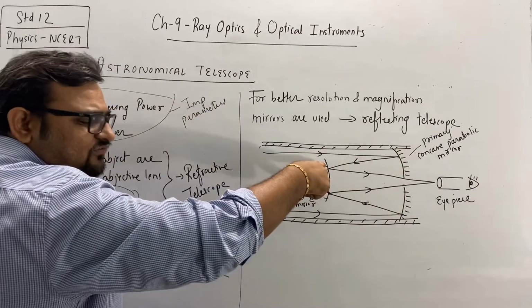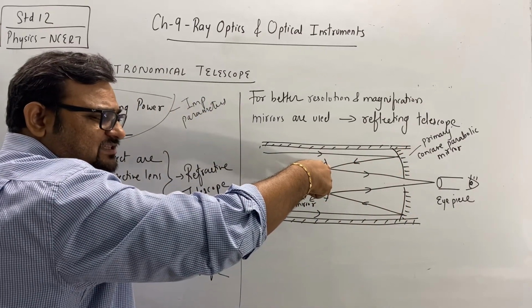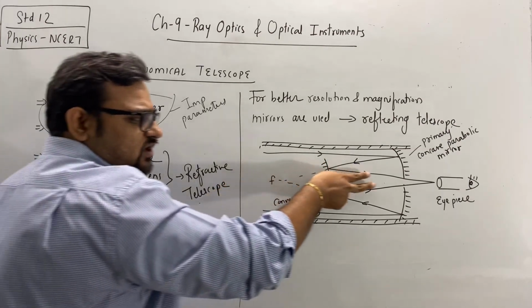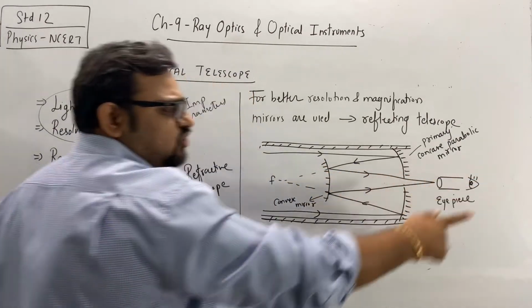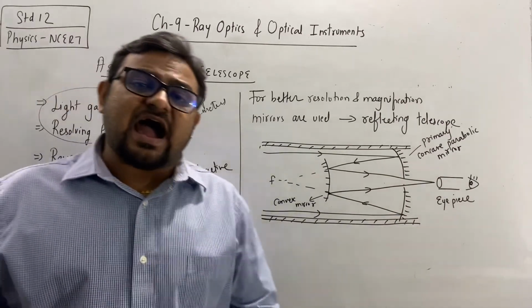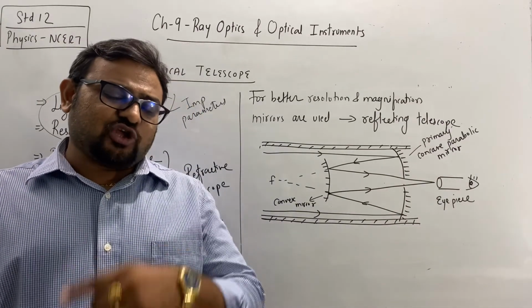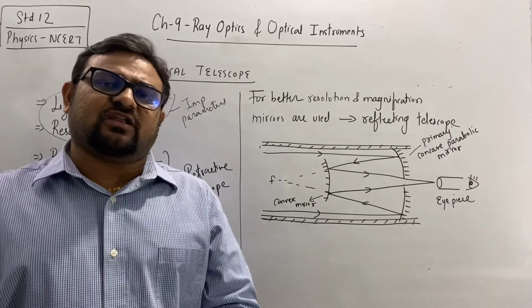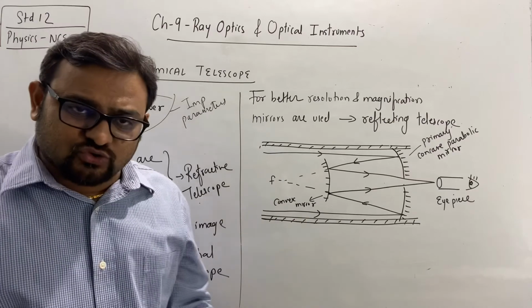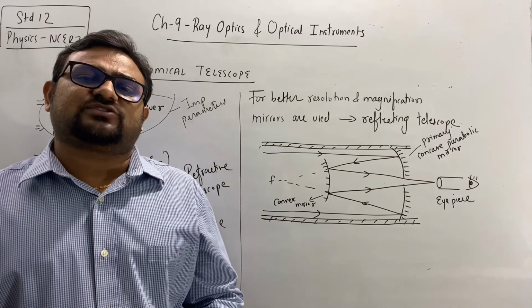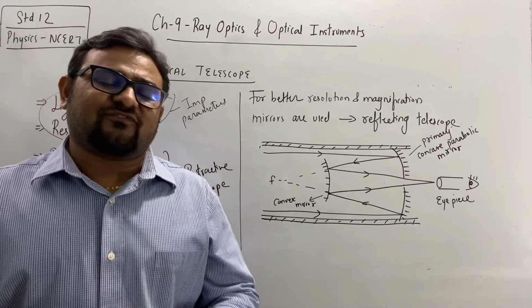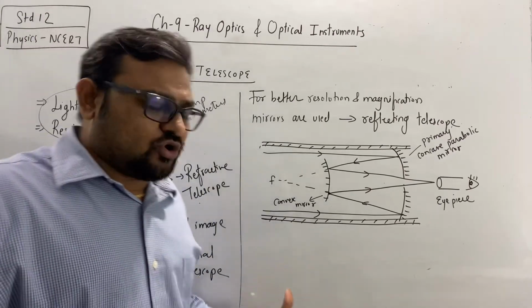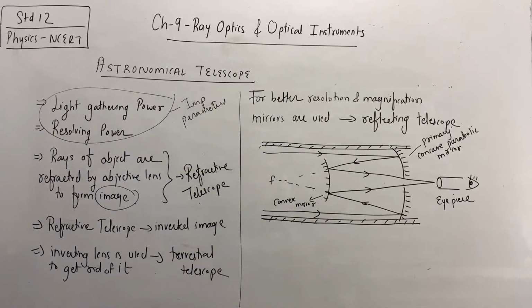Then again it is incident on the convex mirror, and here is the focal length. It is reflected again, and this is observed in the eyepiece. So to improve the resolution and magnification, mirrors can be used, and such a telescope is called a reflecting telescope. Just note down these important points.